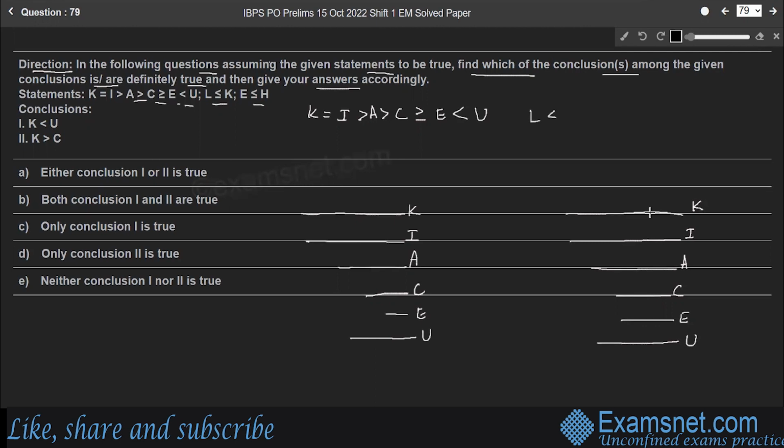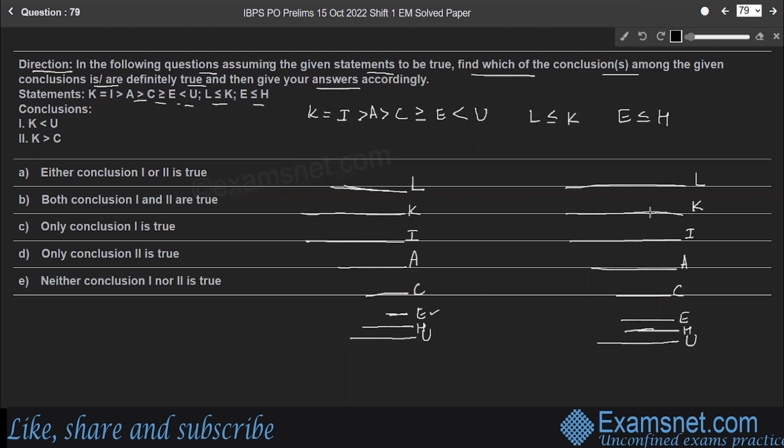L less than or equal to K. So consider line K. So L is a line which is less than K. So consider a smaller line L, or equal to K. In the second case, L is equal to K. And the next part is E less than or equal to H. So E, consider line E here, less than H or equal to H. So we have to consider one more line H, E less than H or equal to H.